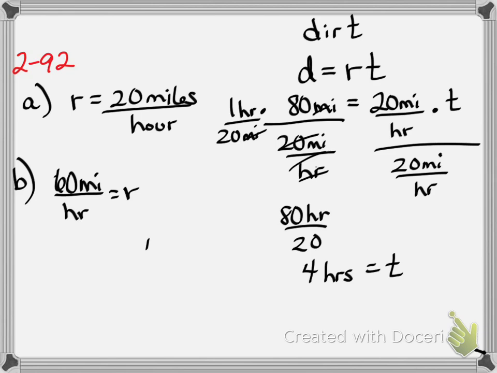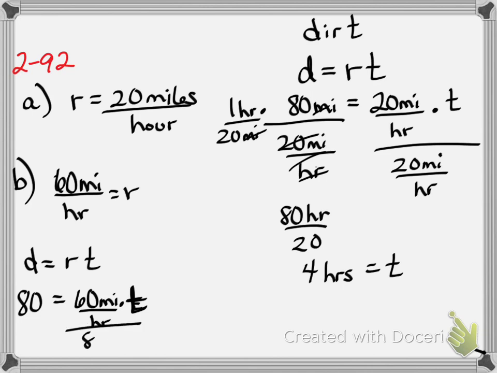So I guess we would divide the 4 hours by 3. But let's do it. Distance equals rate times time. We're still going 80 miles, but now we're at a different rate, times our time. And we would divide both sides by 60.